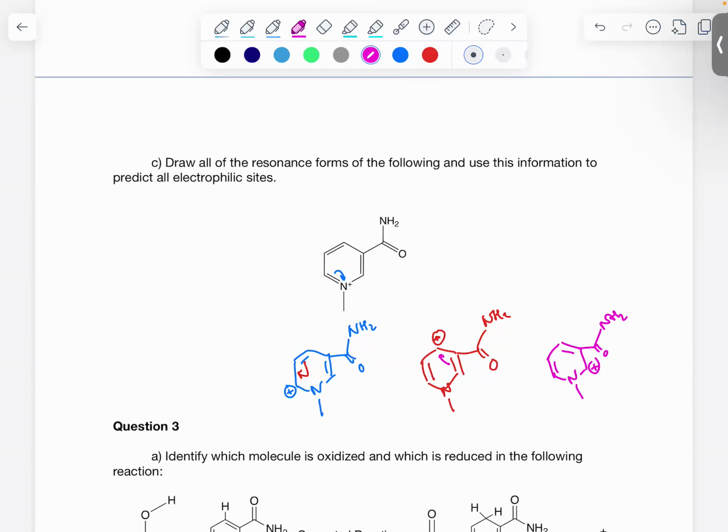And so highlighting our electrophilic sites are those that ended up with the positive charge.